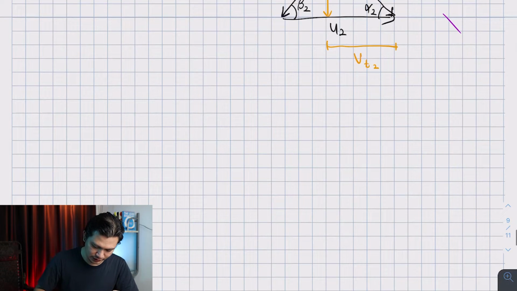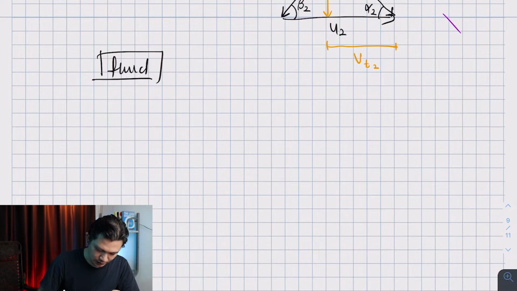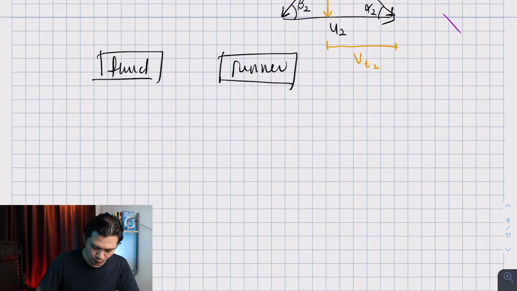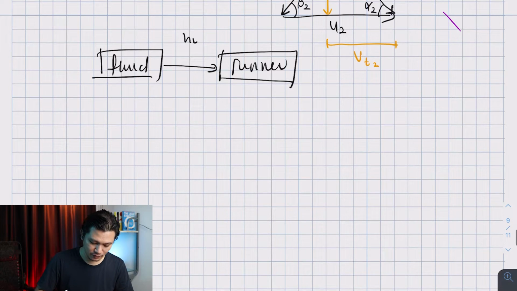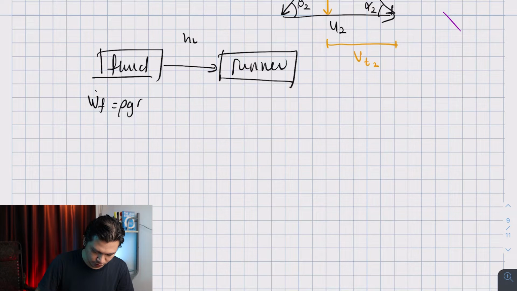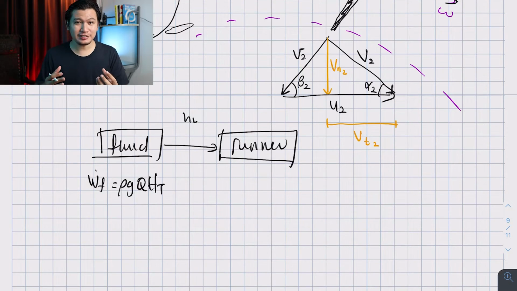If I draw the illustration here, this is your fluid and this is your runner. When the energy is transferred between fluid and runner, some is lost. We're going to call it HL. The original power inside the fluid is called W dot F, and you're going to find it using rho g Q HT, where HT is the actual head drop inside the turbine.